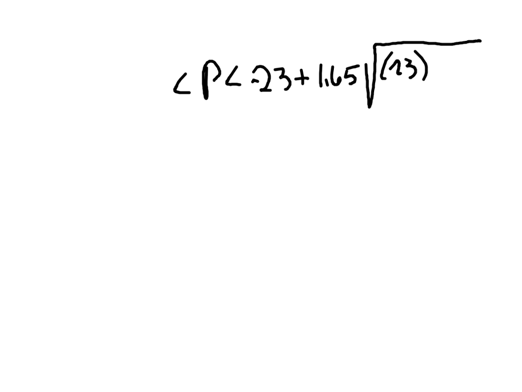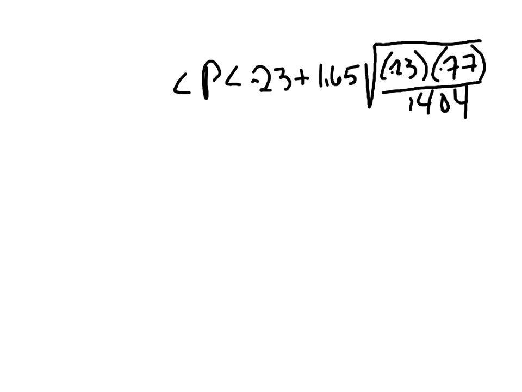Okay, so our p hat was 0.23, and to that we're going to add 1.65 times the square root of, I like to use parentheses here, 0.23 times 0.77 all over 1,404.